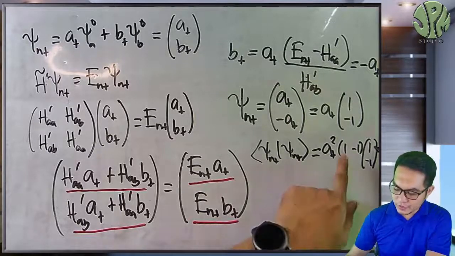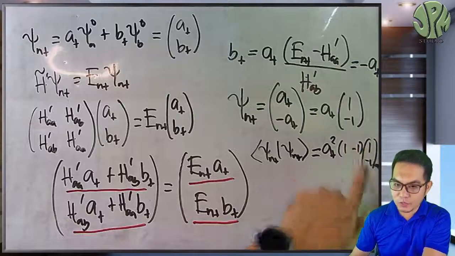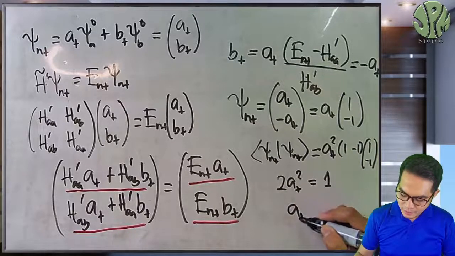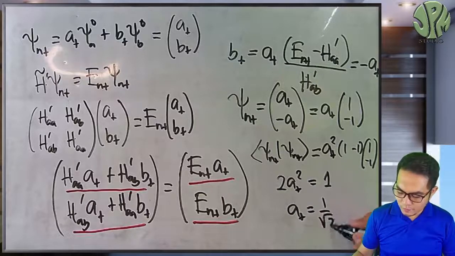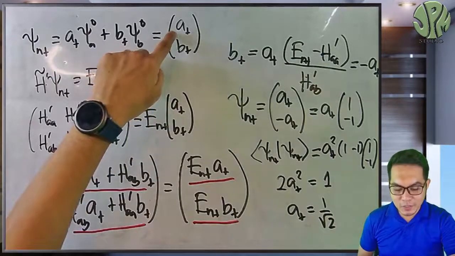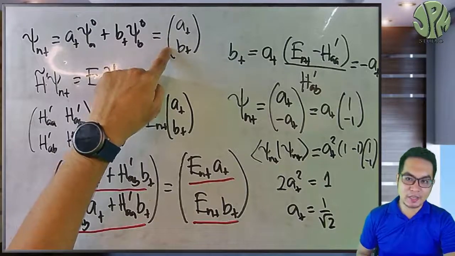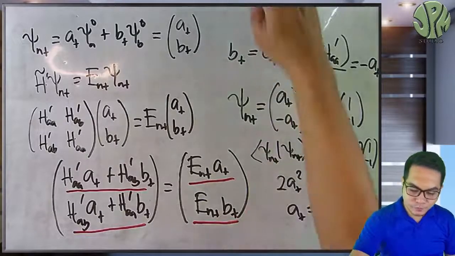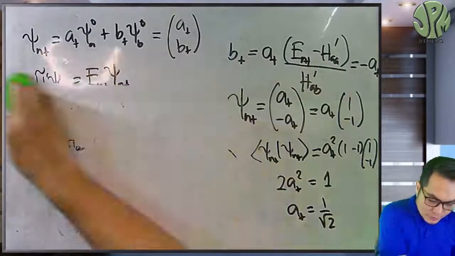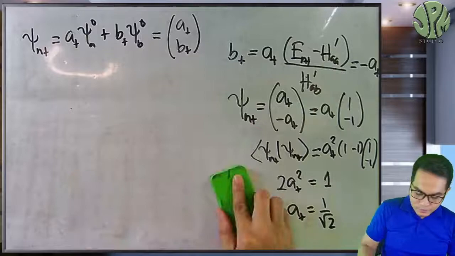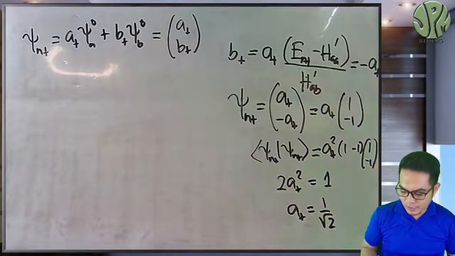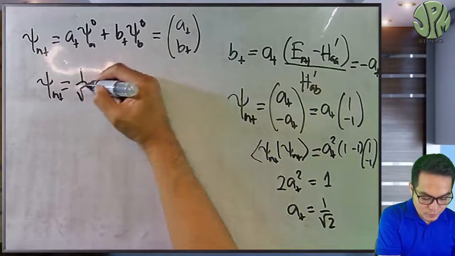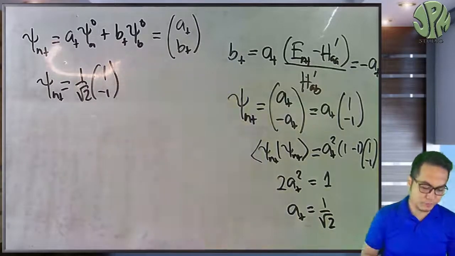This is 1 plus 1, so 2A plus squared is equal to 1, meaning A plus is equal to 1 over square root of 2. A plus is 1 over square root of 2, and B plus is negative A plus, so -1 over square root of 2. We have now solved for psi n plus. Psi n plus is just equal to 1 over square root of 2, times 1, negative 1.